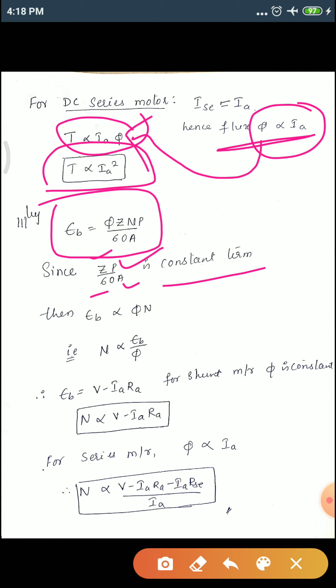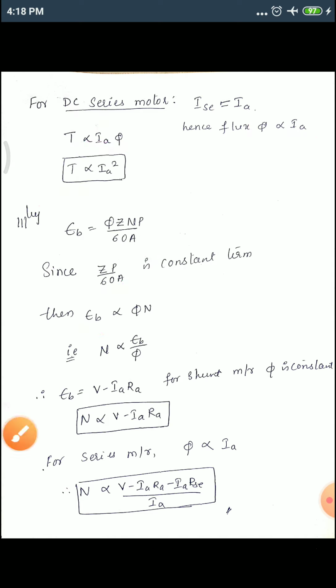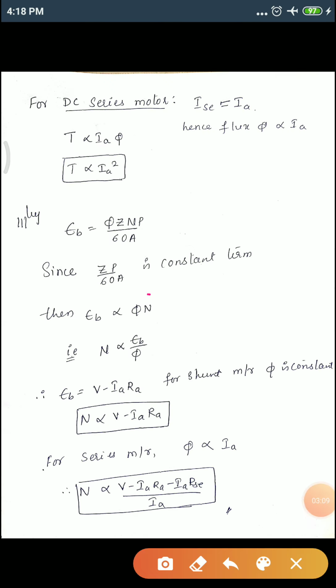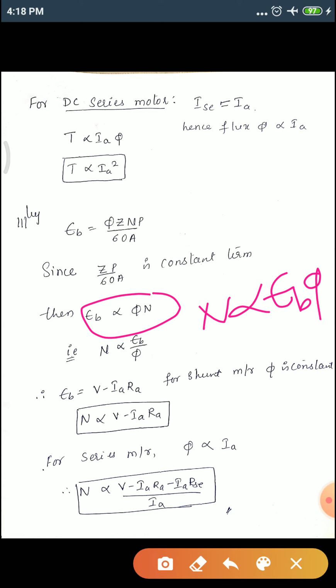When you take this term as a constant, EB is proportional to phi into N, flux and speed. We require a speed formula, so N is proportional to EB by phi. This is the one relation we have got.